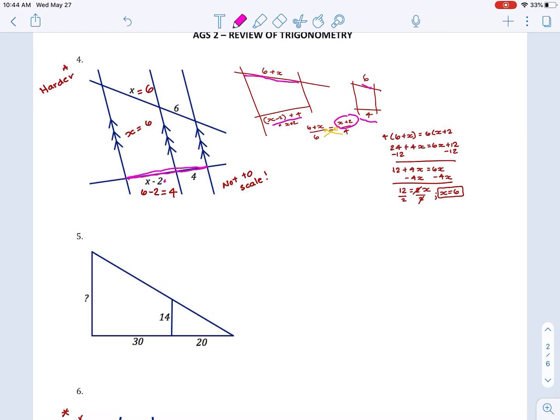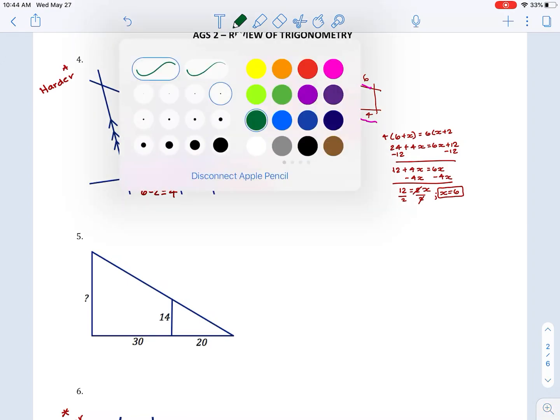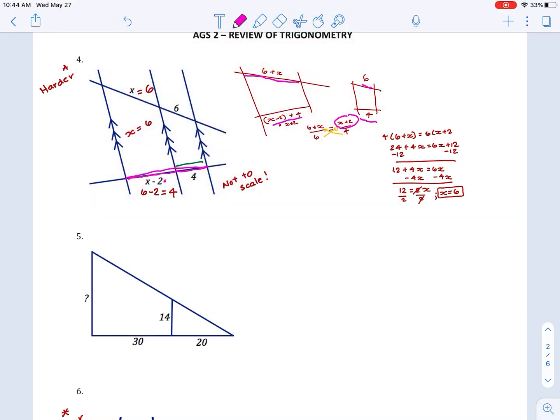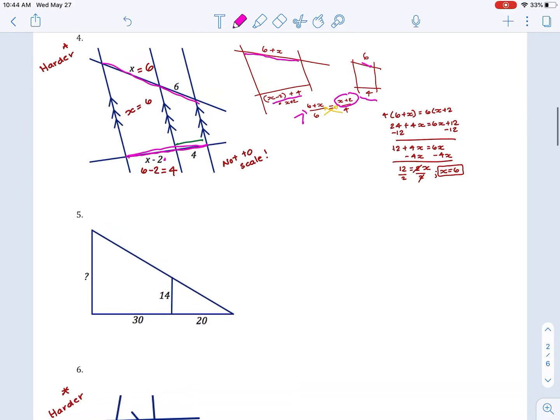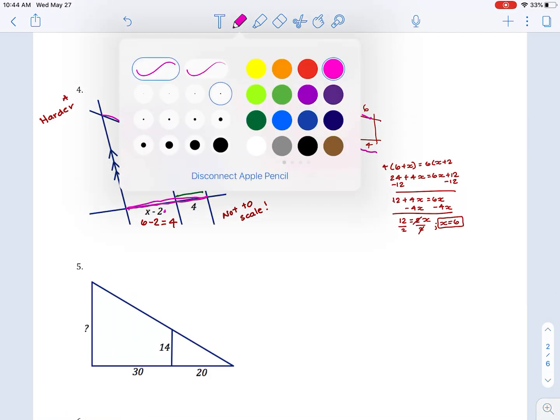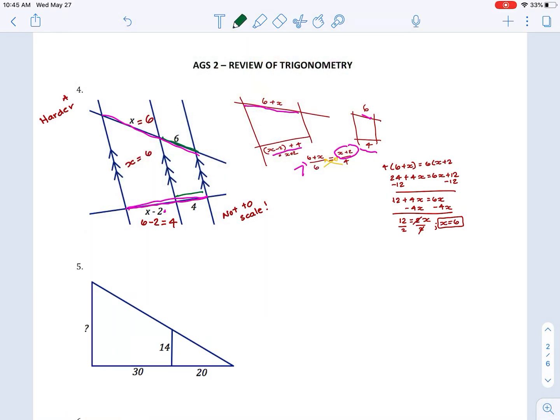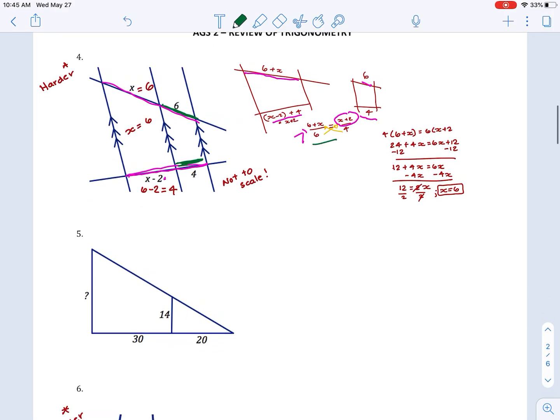So that whole distance is proportional to this little distance. I'll do it in color so you can see. And then the other one, this one, the whole distance is equal to the smaller distance as well. So now that I've color-coded it, I'm going to rewrite this because it's a little small, but it says 6 plus x over 6, and it says x plus 2 over 4.